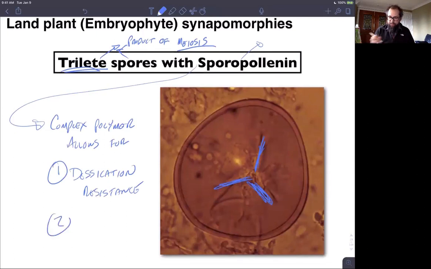The second one of these also deals with an issue that we have on land, and that's UV radiation. So this is protection against UV radiation.